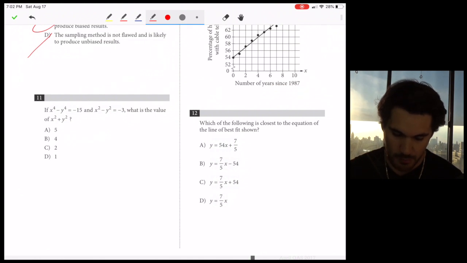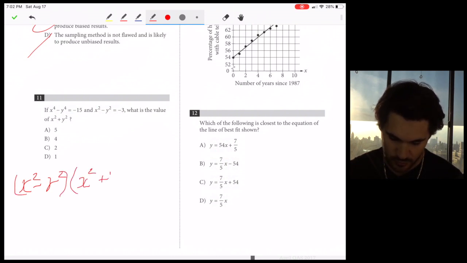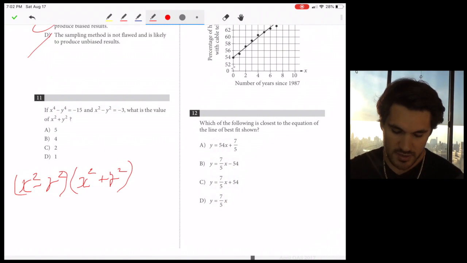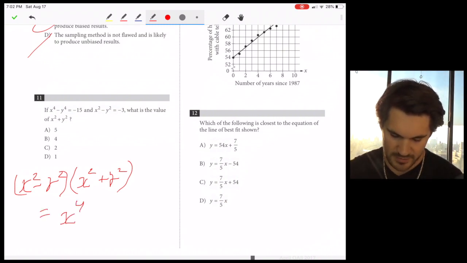If we do x squared minus y squared and multiply this by x squared plus y squared, because one is a minus and one is a plus, we're actually going to cancel out the middle term. So this is going to get us x to the fourth minus y to the fourth.